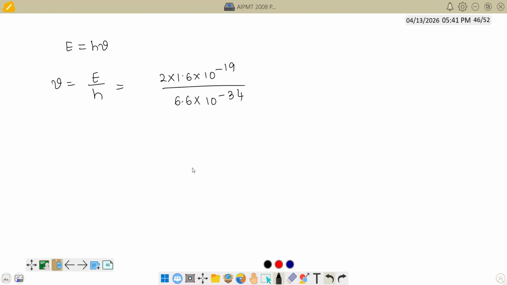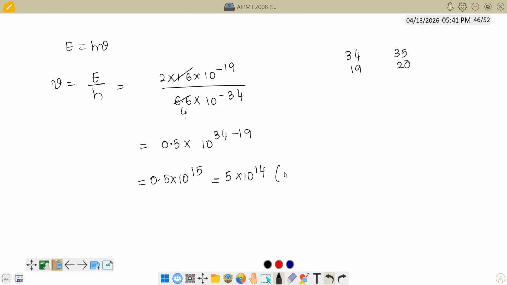You solve this and you will get the value. Approximately, 0.5 into 10 power 34 minus 19. Whenever 34 minus 19 is given, I generally do it like 35 minus 20, adding 1 and adding 1, so you'll get 15. So 0.5 into 10 power 15, you'll get 5 into 10 power 14, which would be my option D.